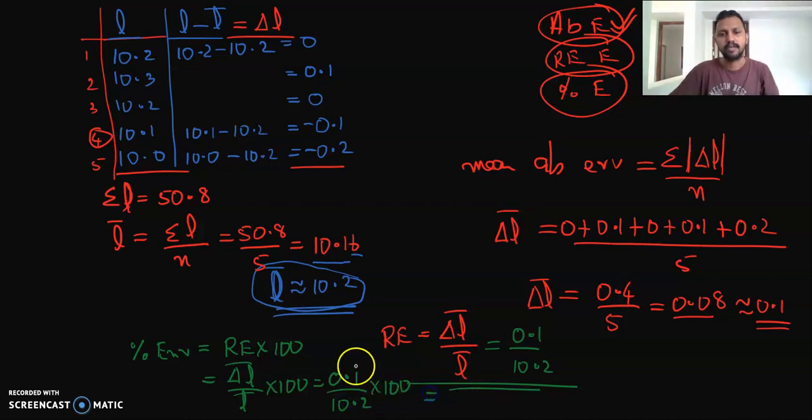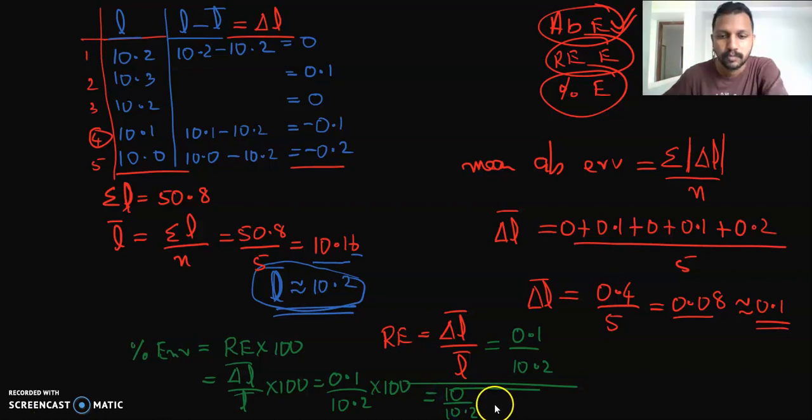Then it will become 0.1 into 100 as 10, divided by 10.2. It will be 0.980 something. If we approximate it, it is 0.98, therefore it becomes 1, or we could write 1.0. If you are approximating it like this, that is 1%.